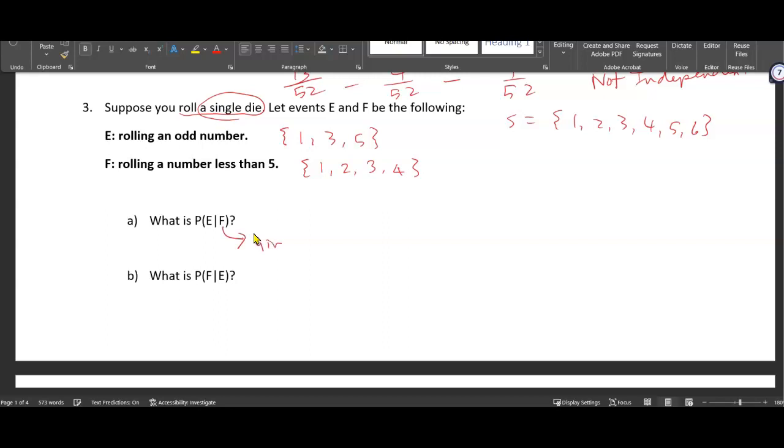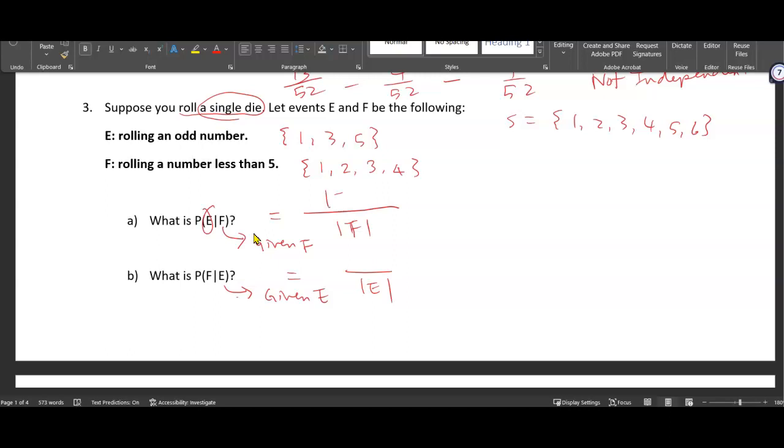This is given F for part A, and so your new restricted sample space is F, and this is given E. So the given is different, so your new restricted sample space in part A is F, and in part B is E. So these two are going to be different fractions, right?